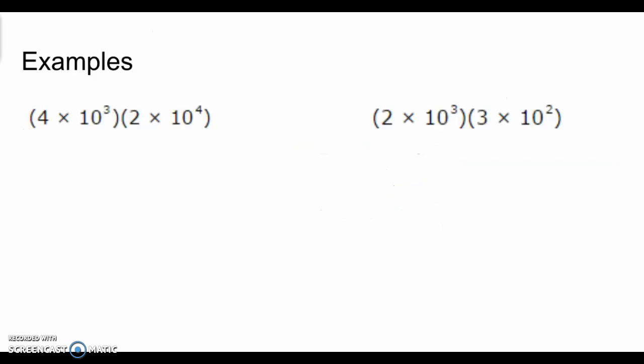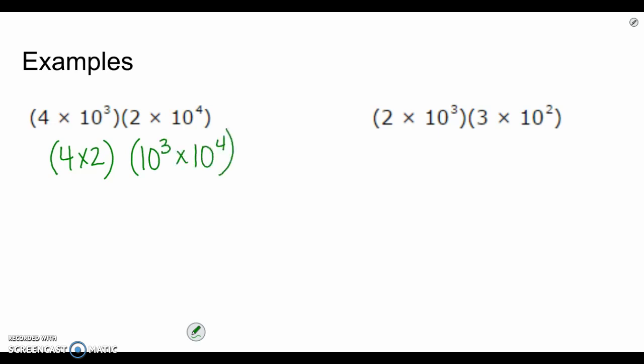Let's look at the first example together. We have 4 times 10 to the third times 2 times 10 to the fourth. First thing we're going to do is group our first factors, which are 4 times 2. Then we're going to group our second factors, which are 10 to the third power and 10 to the fourth power. 4 times 2 is 8 times 10.